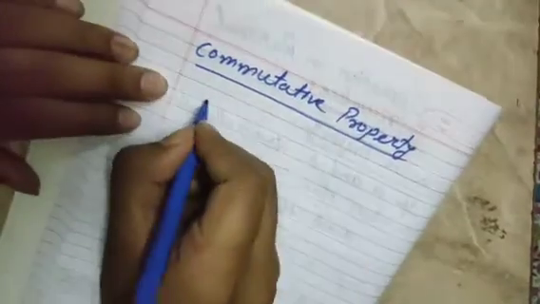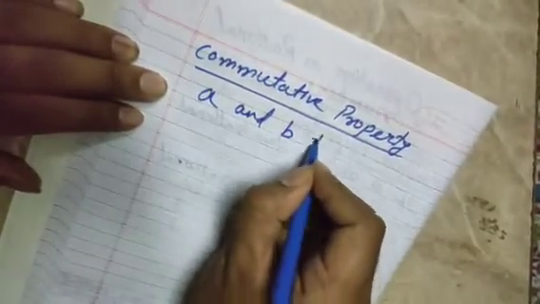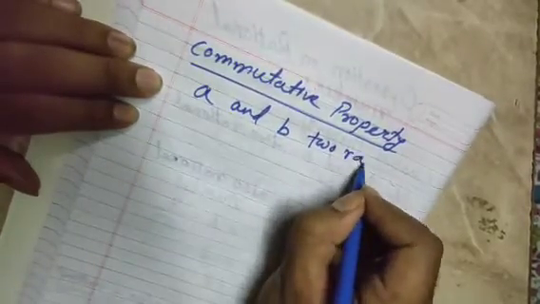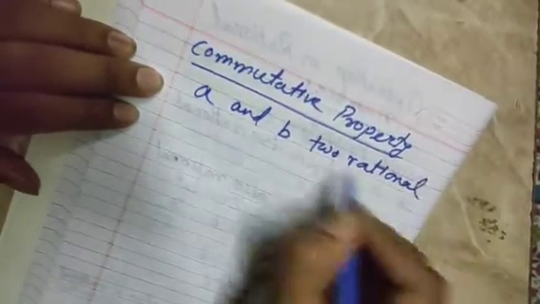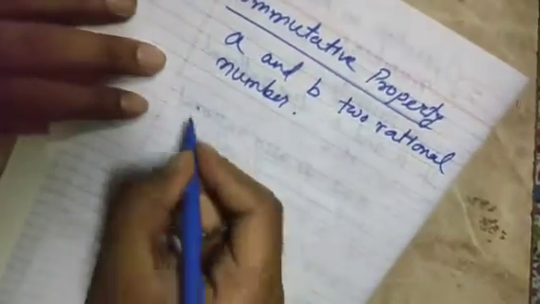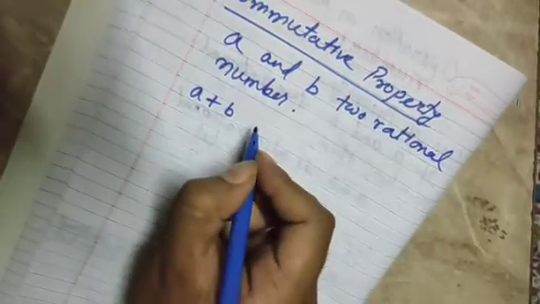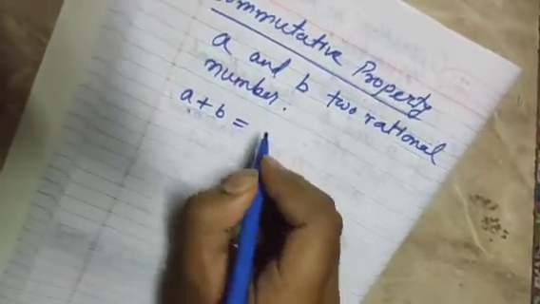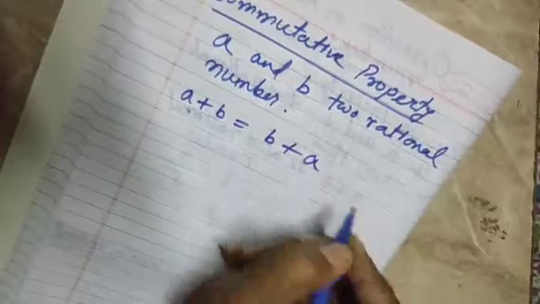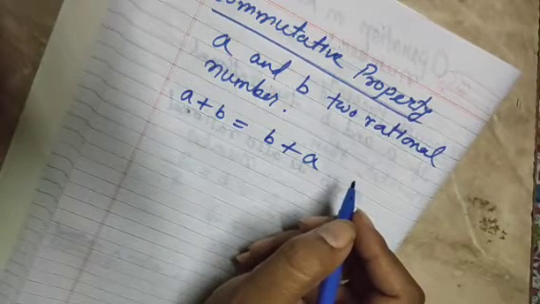Similarly, consider two rational numbers a and b. Now what will happen? According to this commutative property, a plus b is always equal to b plus a.